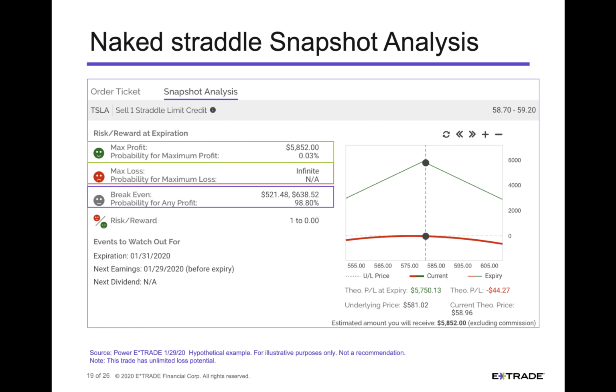In fact, there is a 98.8% probability that I will make some money, which really means there's only a 1.2% chance that I'm not going to make some money in that case. So looking at the probabilities might make you rather excited that you're going to make some money. But look at the infinite loss there as well. And Tesla has been known to do some pretty extraordinary things. Well, that's how the trade's set up.